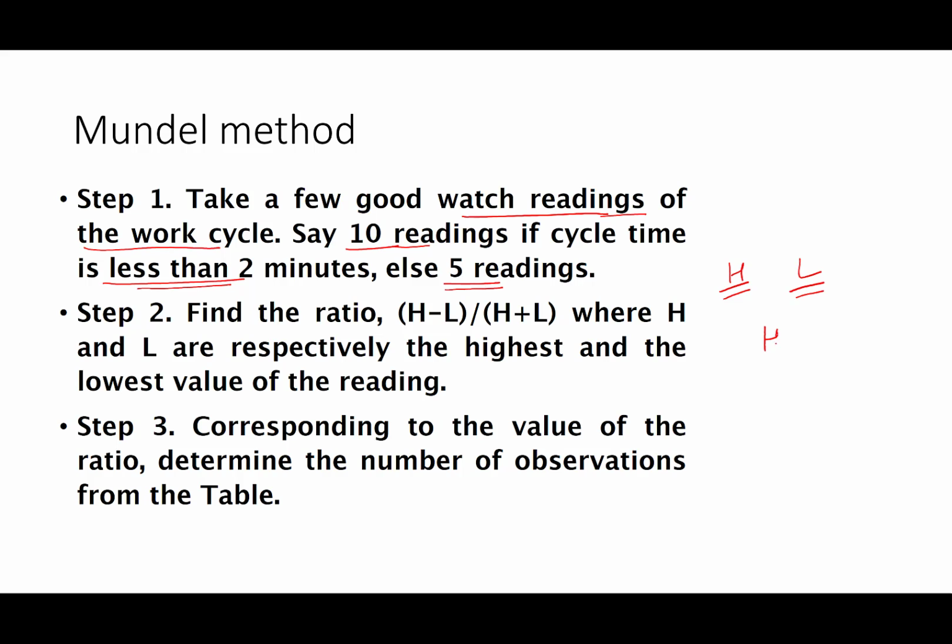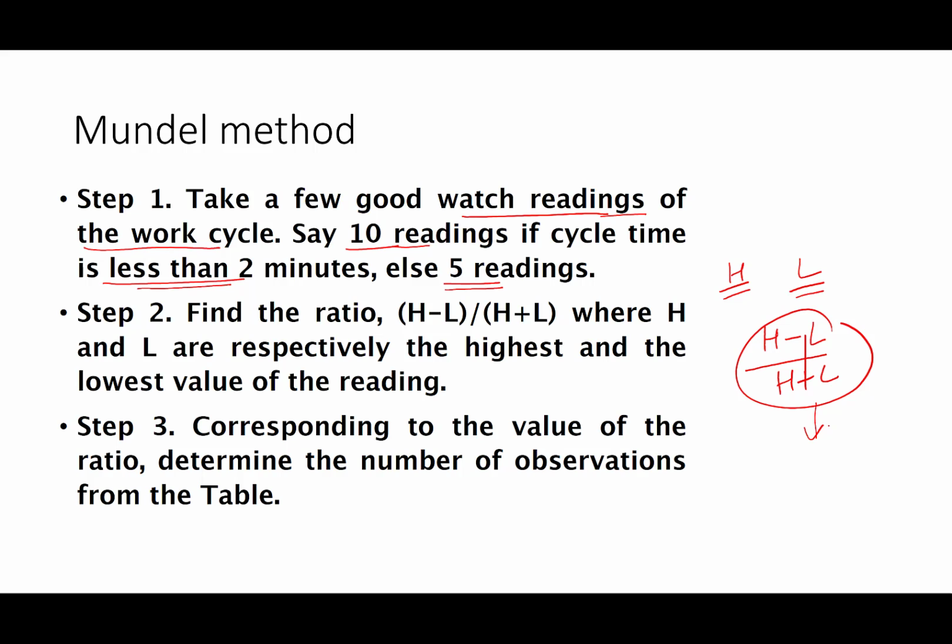Using these H and L values for each set of 10 readings or 5 readings, as per the cycle time, we determine the value of the ratio (H minus L) divided by (H plus L). This ratio is used to determine the number of observations to be taken.